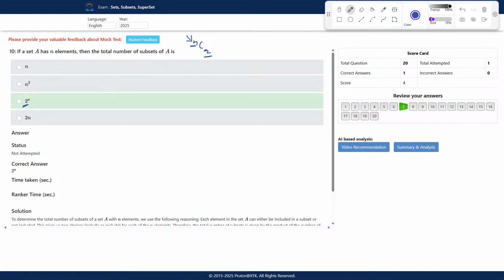Let me take an example. Starting with, say, a set with 3 elements. A set with 3 elements gives you a total number of subsets 2 raised to the power 3, meaning 8. Now how are we getting these 8?